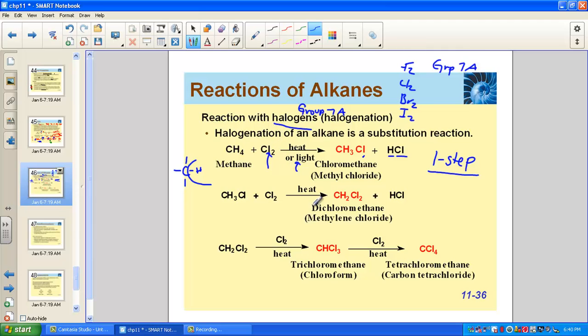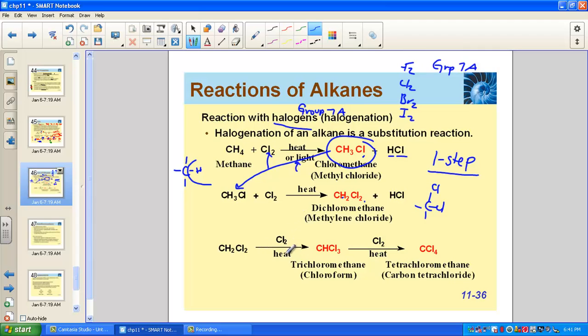If we continue this in a step-by-step fashion, this product becomes the reactant in the next step. Methyl chloride plus another molecular chlorine will give us dichloromethane. Now we've replaced two of the hydrogens with chlorine, and so forth.